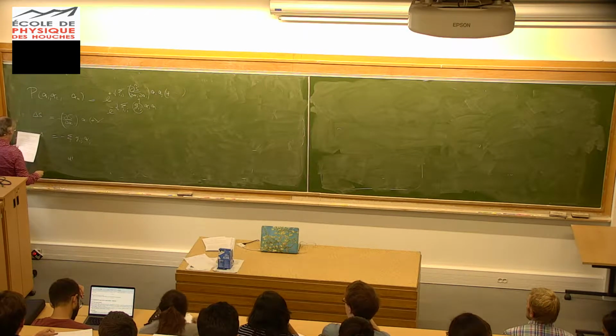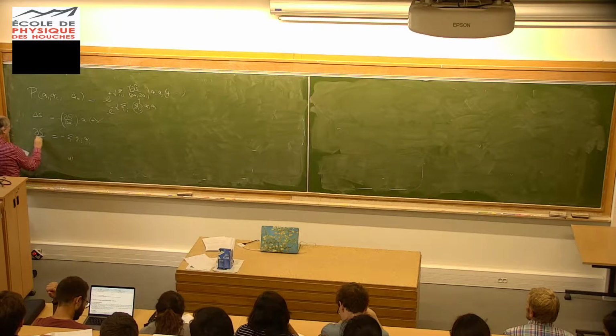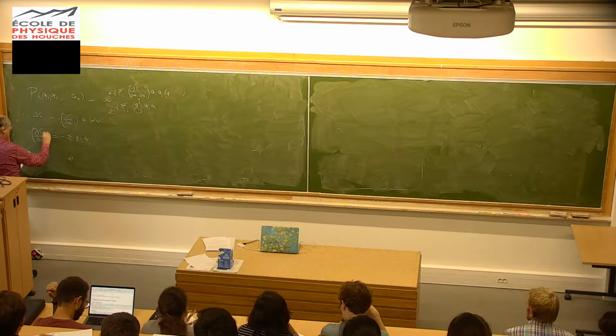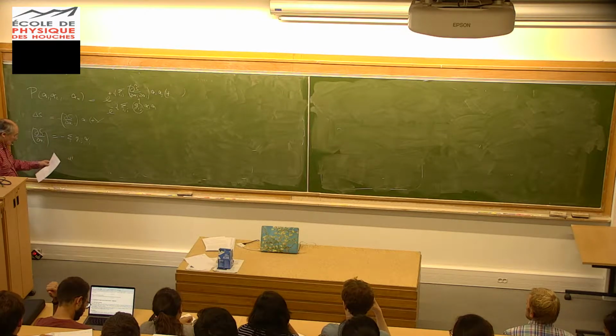And that is dS, the variation of S with parameter alpha I. So S goes down, and this is the way it is described.